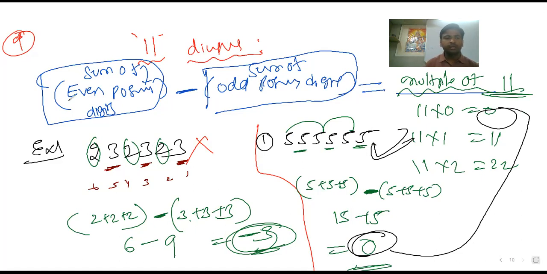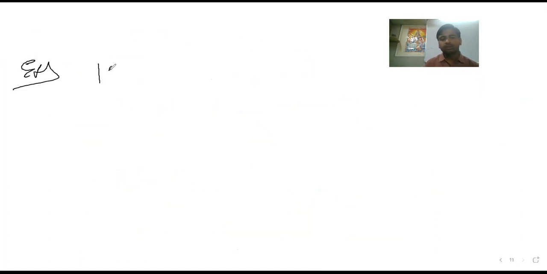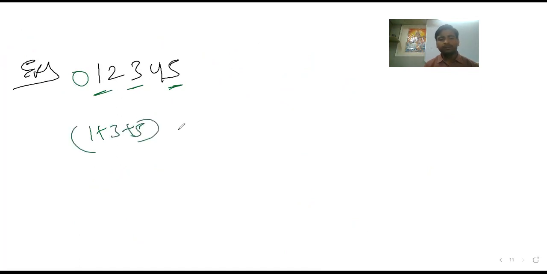One more example: 1, 2, 4, 5. There are only 5 positions, no problem. The rest we can leave. For the missing one, nothing is there, keep it 0. 1 plus 3 plus 5 minus 0 plus 2 plus 4. 8 plus 1 is 9, 2 plus 6.